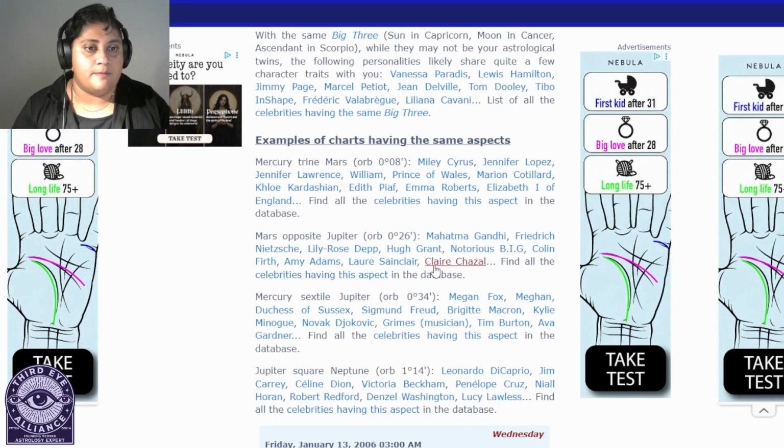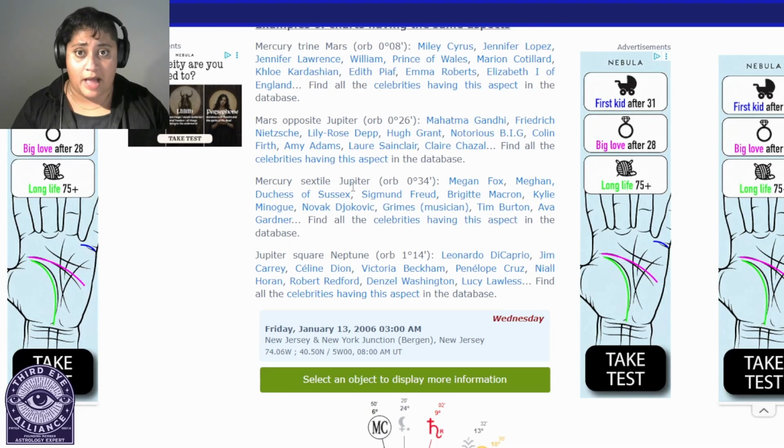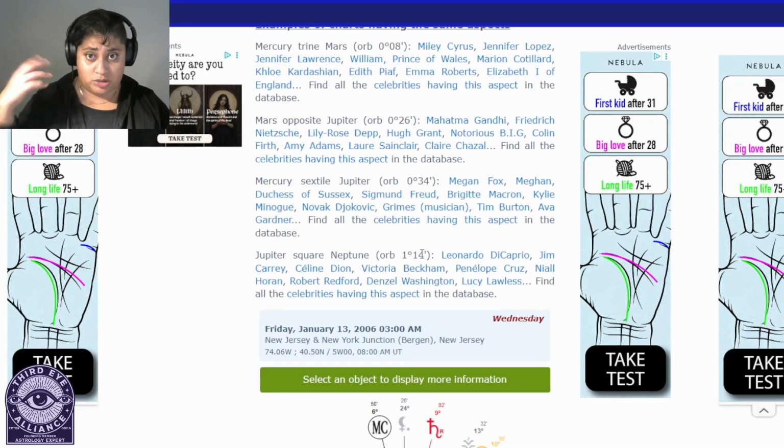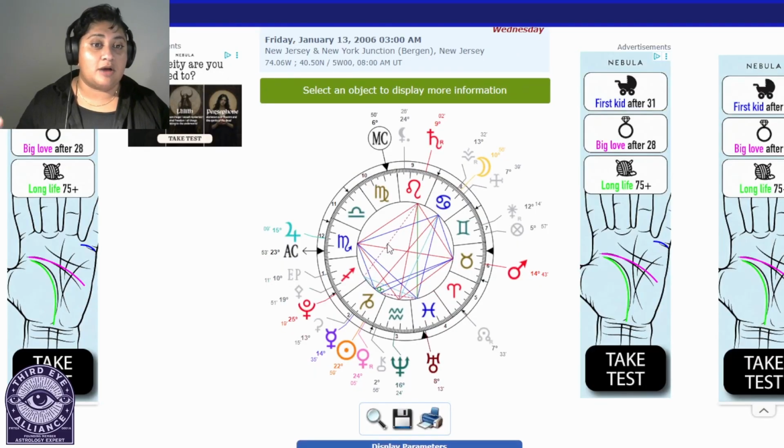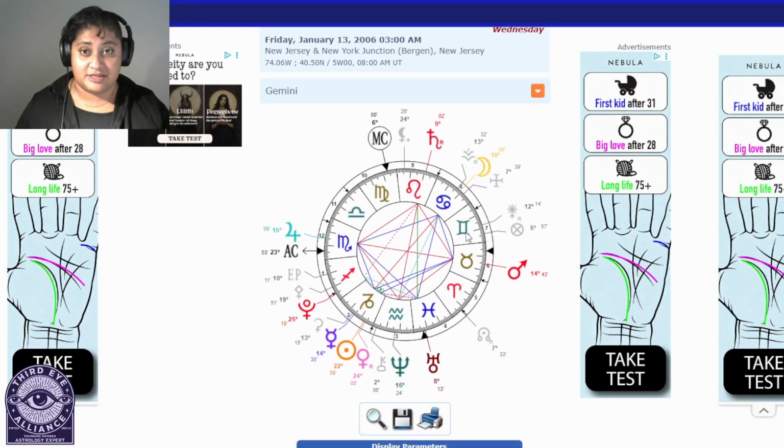Notorious B.I.G., Colin Firth, all these people have this within them, that their belief system is very strong. So these are all aspects that the chart I just created has in common with other charts. That's cool. Now onto the coolest thing about Astrotheme. We scroll down. This is the chart for Wednesday Addams.